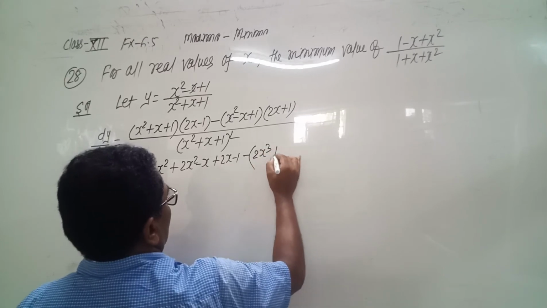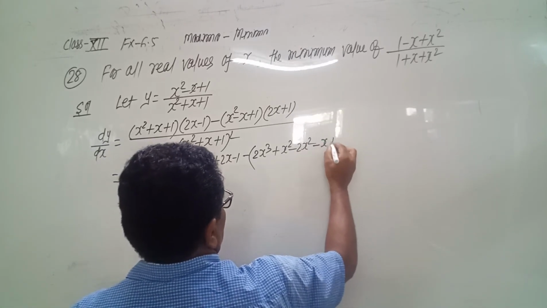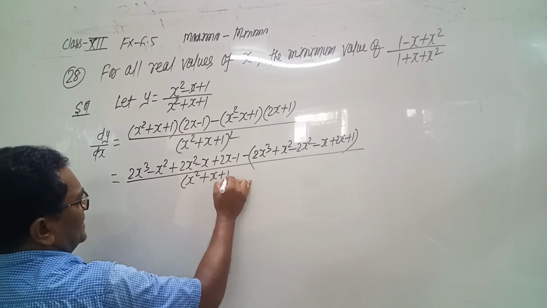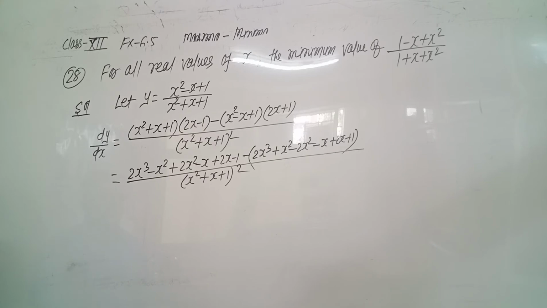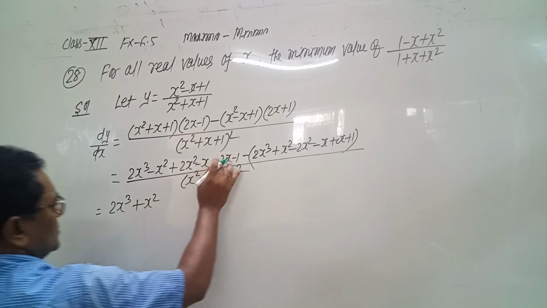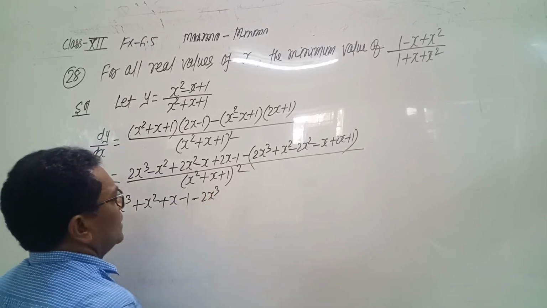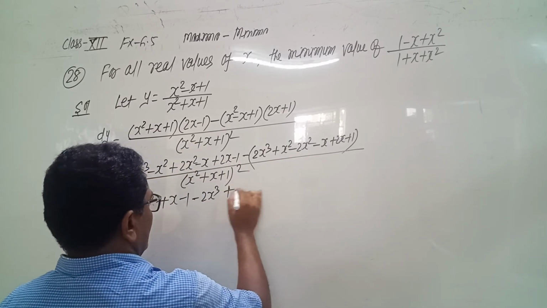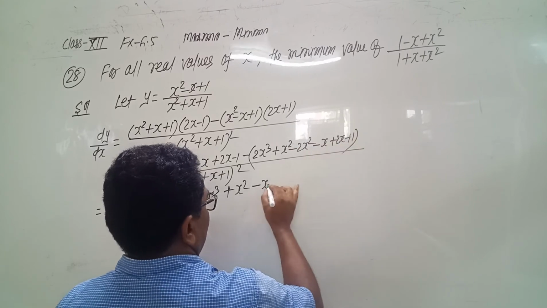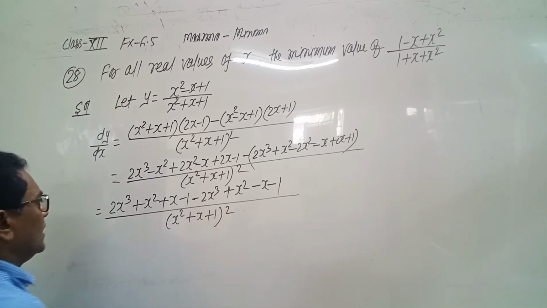So 2x cube plus x square minus 2x square, minus x plus 2x and plus 1, upon x square plus x plus 1 the whole square. Now simplifying the terms carefully, with the signs changing inside the bracket.